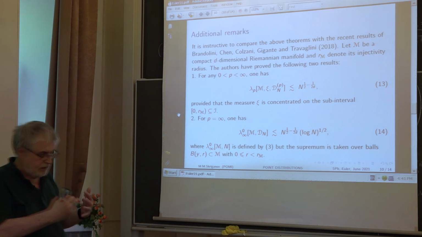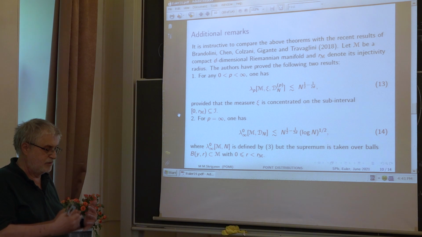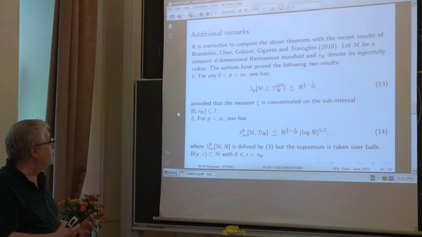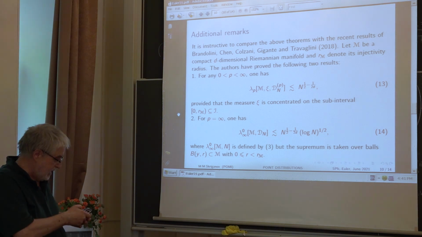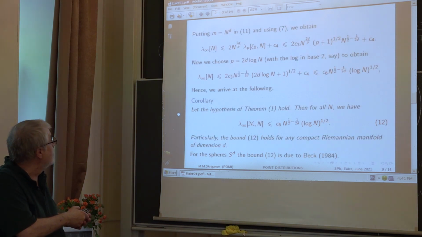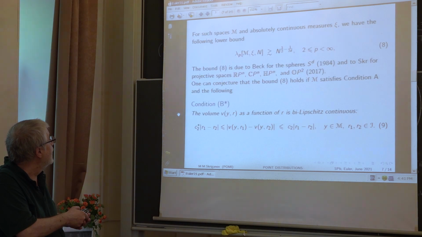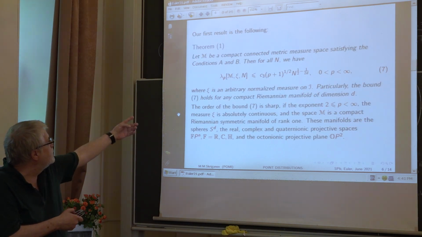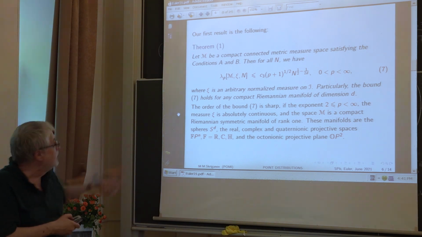So the appropriate distance should be chosen to analyze this problem, and the main result here is that conditions A and B guarantee that this bound holds.